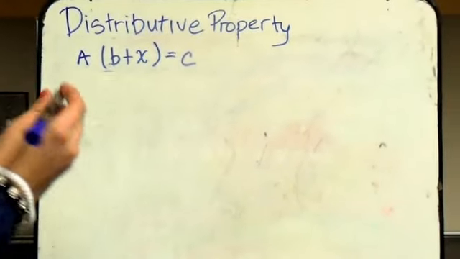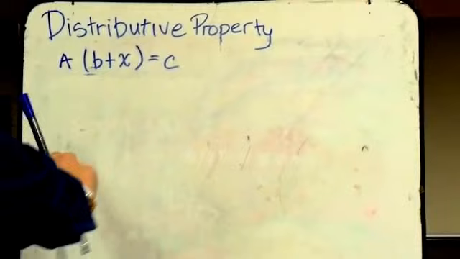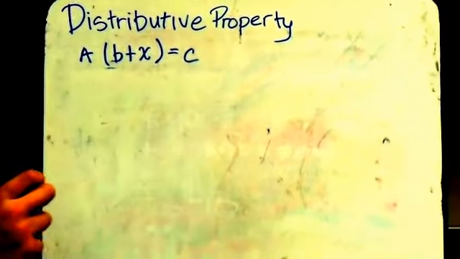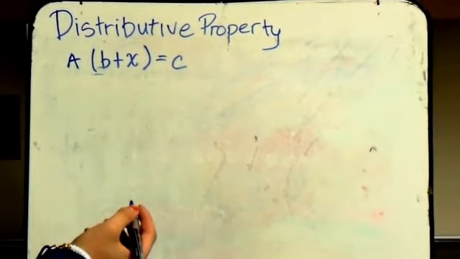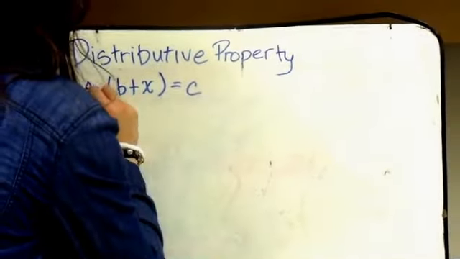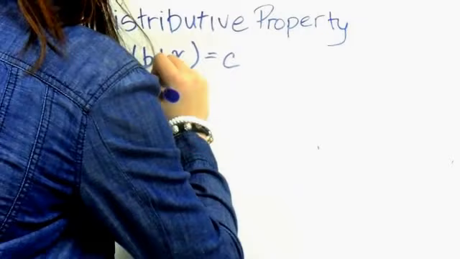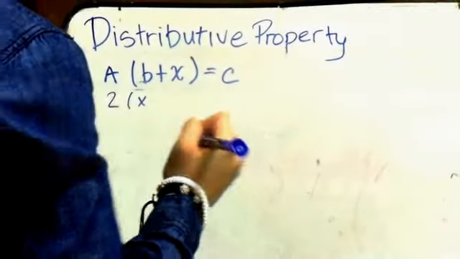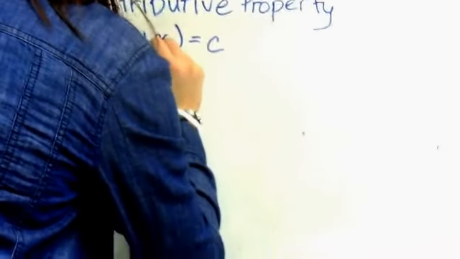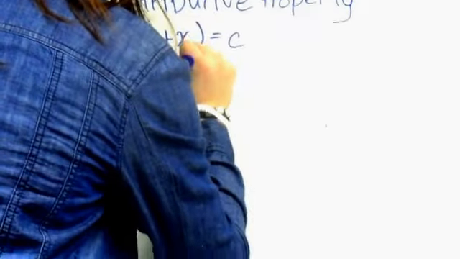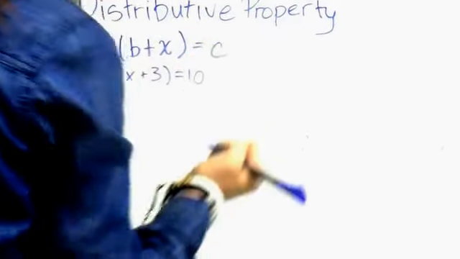Really? Yeah. I'm going to teach you how to solve the distributive property of your equation. So our equation is 2 bracket x plus 3 bracket equals 10.